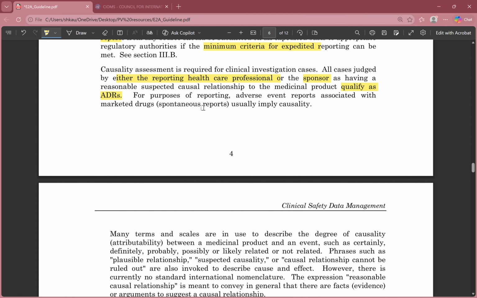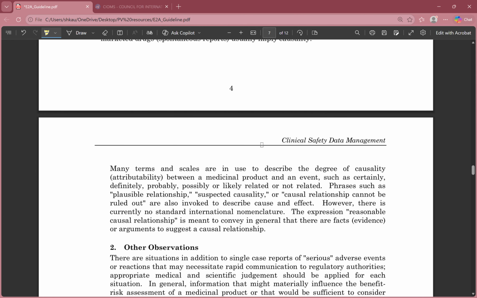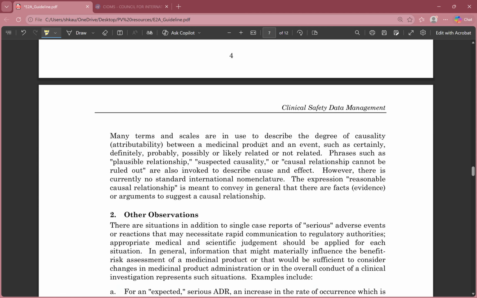So for the purposes of reporting, adverse event reports associated with the marketed drugs usually imply causality. Then we have various terms which describe the degree of causality between medicinal product and event. So we have terms like certainly, definitely, probably, possibly, likely, related, or not related.